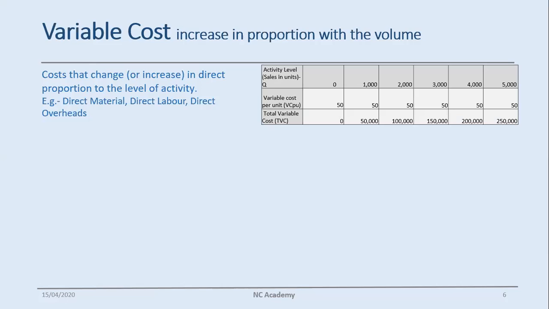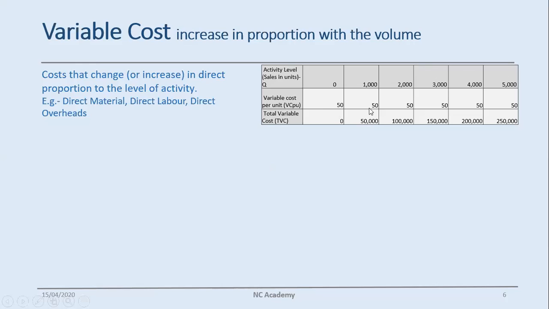Examples for variable cost include direct material, direct labor, direct overheads, packing cost, etc. Now look at this table. When you increase the sales quantity, your variable cost per unit remains unchanged. However, your total variable cost will increase.